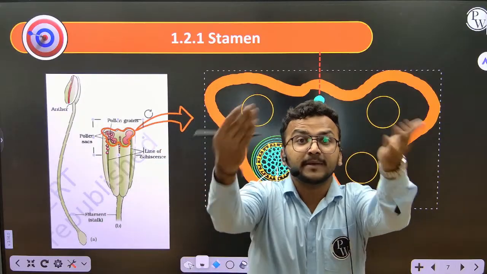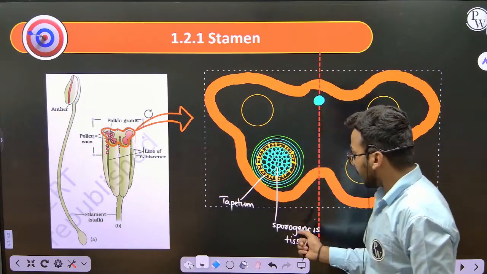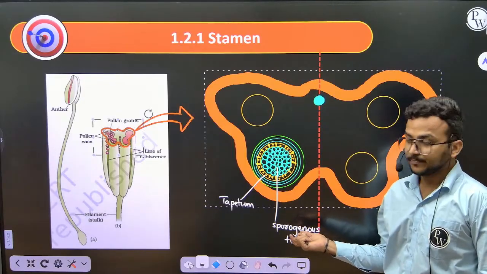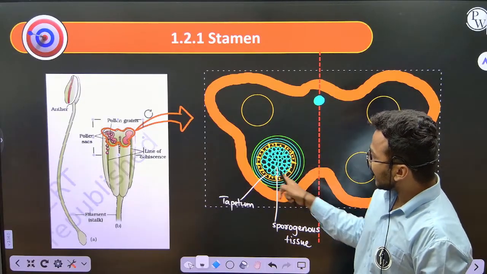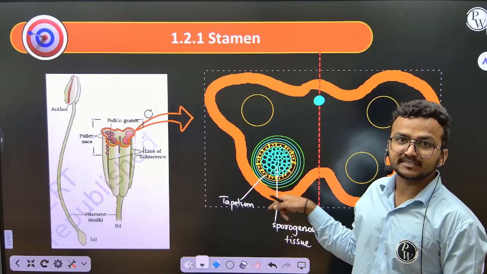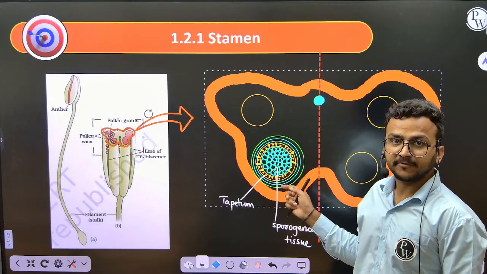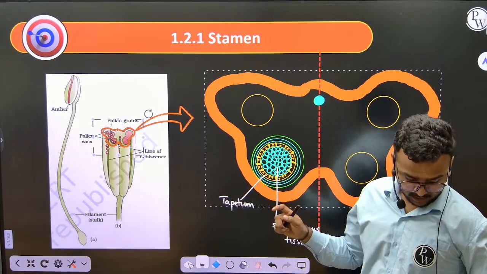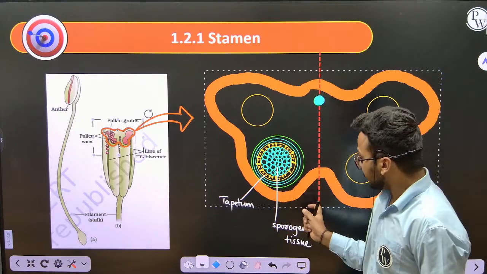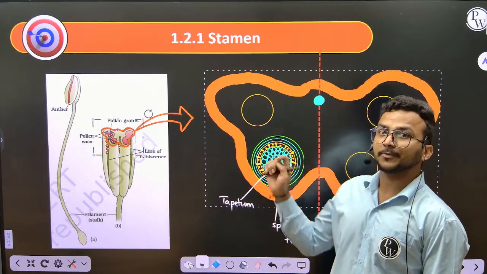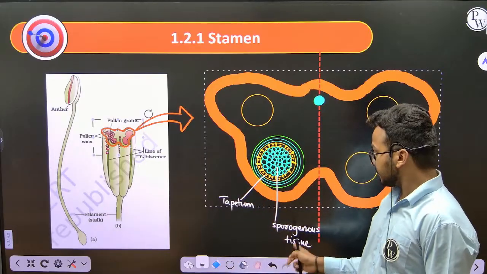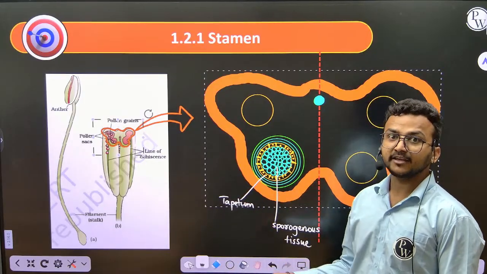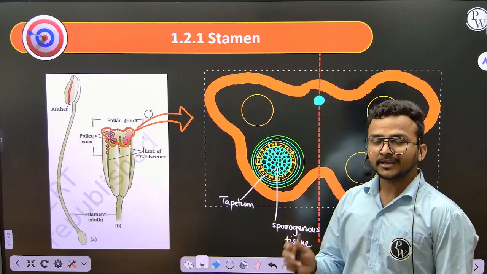When it matures, it will form pollen grains, and then I will call this microsporangium a pollen sac. If it contains pollen grains, it is a pollen sac. If it contains microspores, it is a microsporangium. If it contains sporogenous tissue, it is a sporangium or microsporangium.